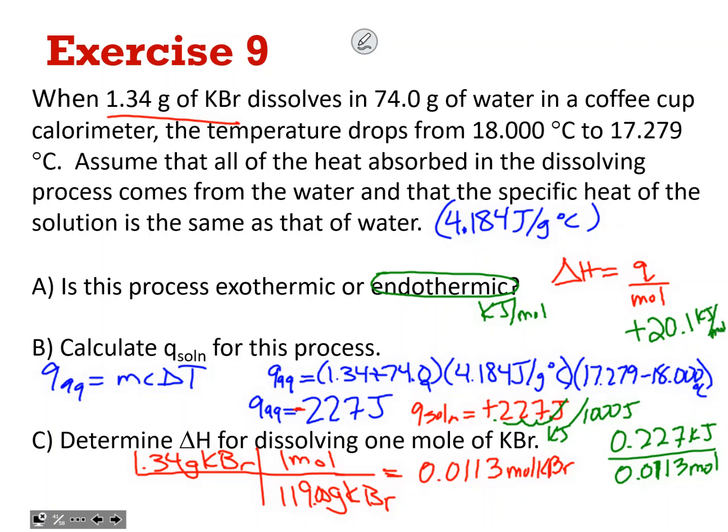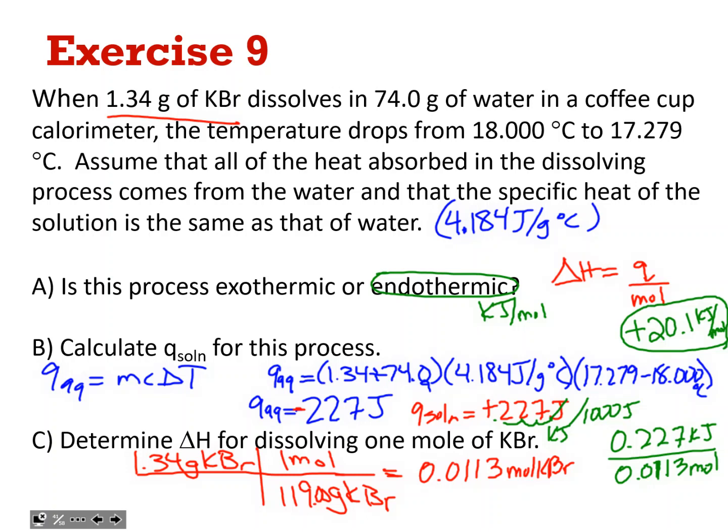That's per mole of the KBr being dissolved. And delta H is positive, which should correspond to our temperature decreasing, because both indicate endothermic, right? So you should make sure that your sign matches the way the temperature went. That's the best way to know which sign you have.